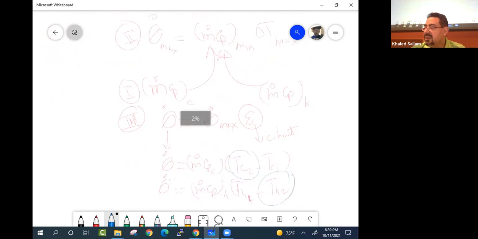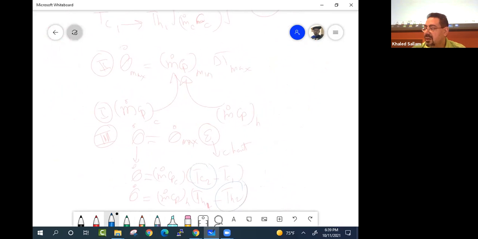Okay, makes sense? So we figure out who's the minimum, we calculate Q dot max, then we calculate Q dot, and from Q dot we calculate TC2 and TH2. So obviously this method is really convenient to calculate temperature. But in order to be able to calculate this epsilon, you need to know the U and the area.